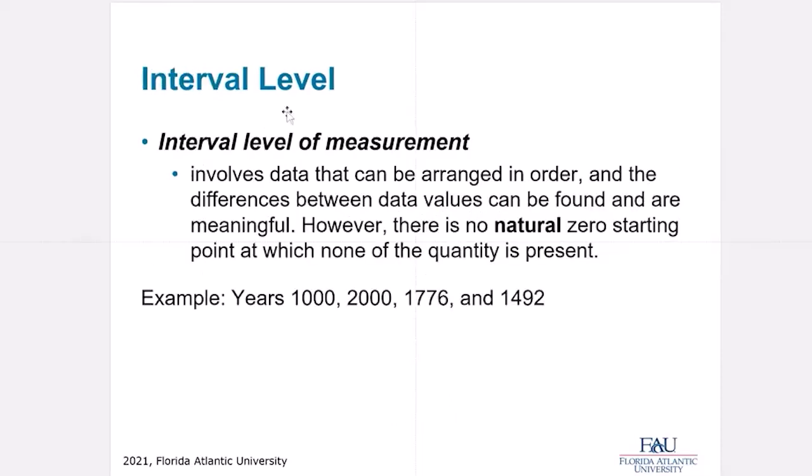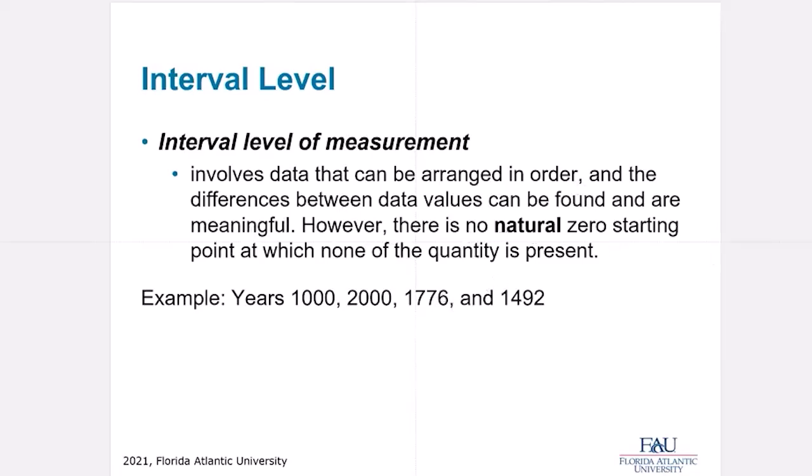We have interval level. Interval levels of measurement involve data that can be arranged in order. Numbers can be arranged in order, and the differences between data values can be found and are meaningful. The difference between year 1000 and 2000 is 1,000 years. Between 1000 and 1776 is 776 years, and so on. They do have meaning.